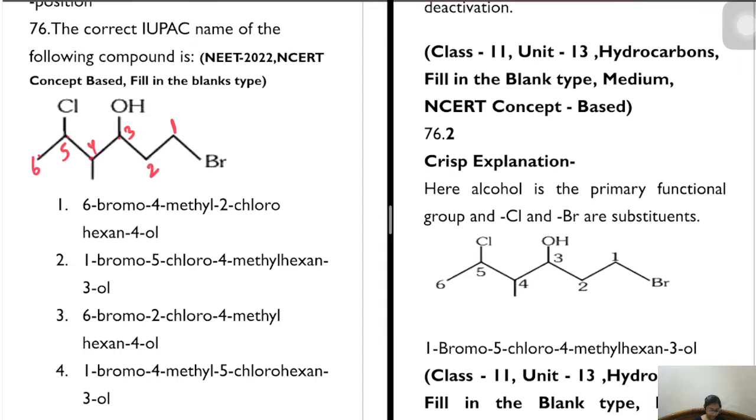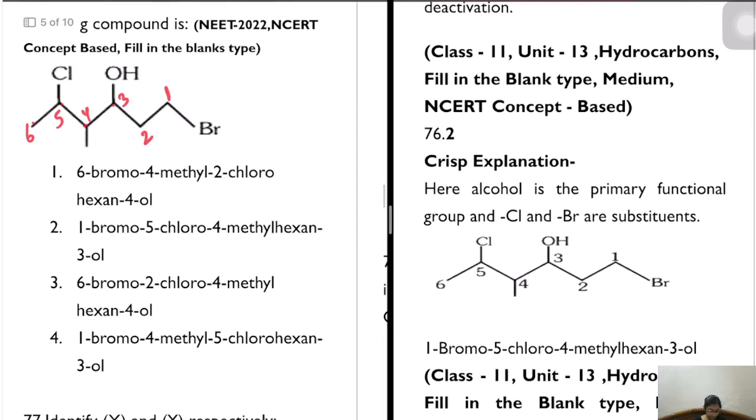So what will be the name? It would be 1 bromo because B comes before C and M. Then we have 4 methyl, then M, then C, 5 chloro. No, we'll have 5 chloro first here. Why?